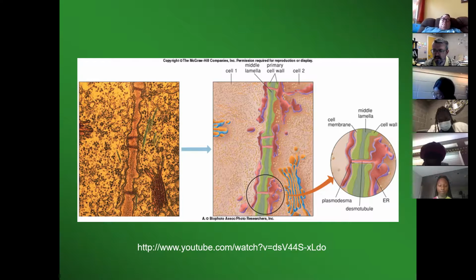What's the benefit of having these connections that are always there? So stuff can get transported to each cell. Well, couldn't they just work their way through the cell wall and the cell membrane? Why do you have to have connections?